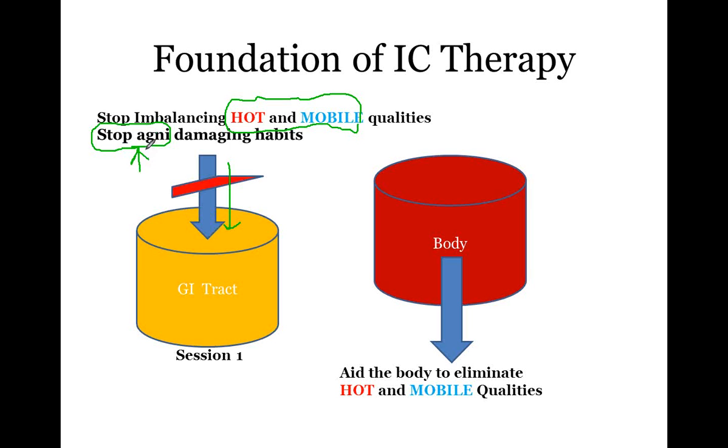Not eating our biggest meal at noon is another way to reduce Agni. Not exercising to any degree on a regular basis can reduce Agni. Using incompatible food combinations can reduce Agni.